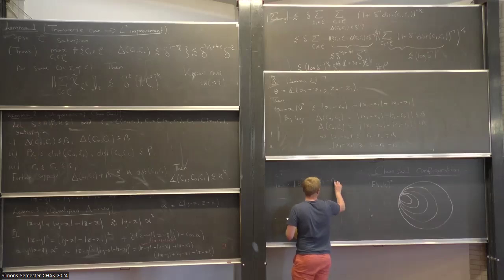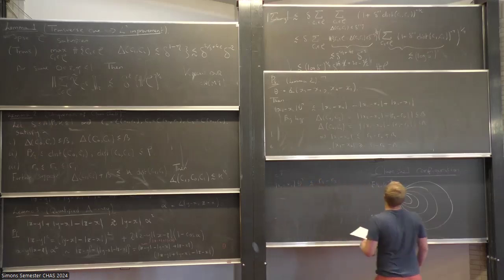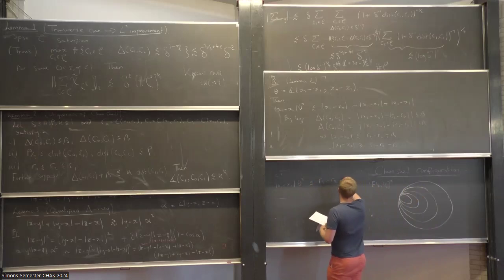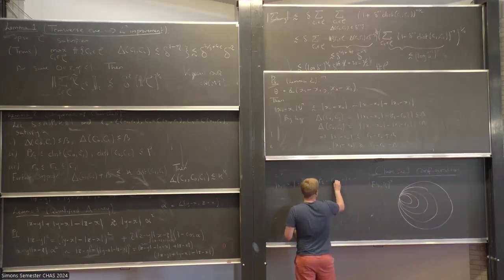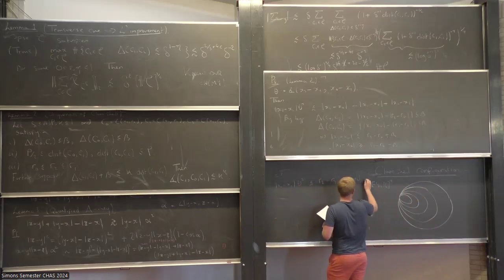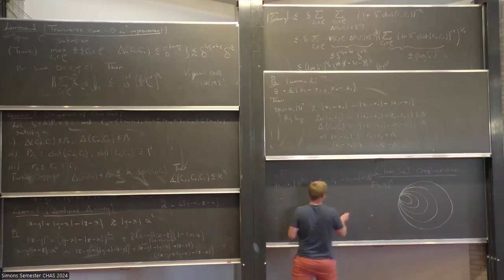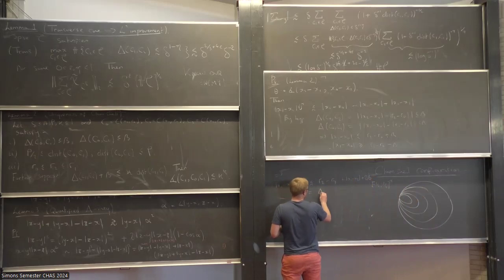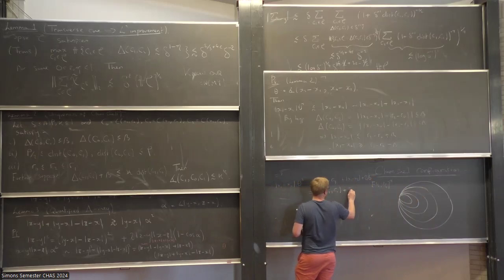I'm going to keep it anyway. We get the difference between the radii, and then we have the difference between the centers. Ah, no, that's right, sorry. And then we have these two betas. But this is just delta C1, C2, plus beta.